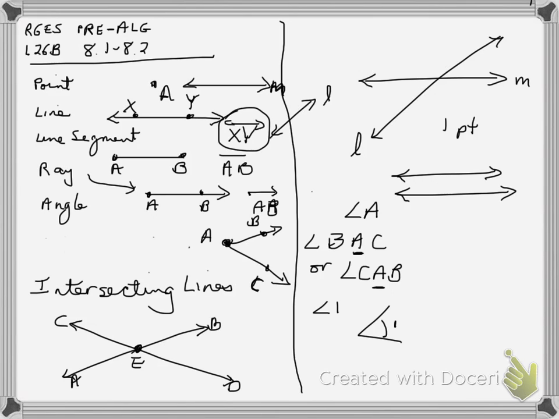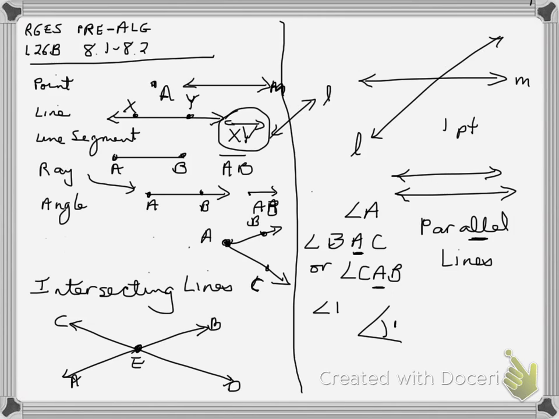So intersecting lines cross at one point. Parallel lines, and notice how we spell that with the two L's. I always think of railroad tracks in there. Okay, parallel lines. So you want the two L's together, not at the end, but in the middle of the word.